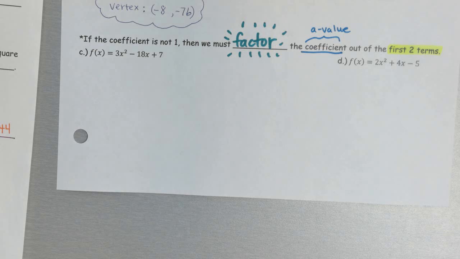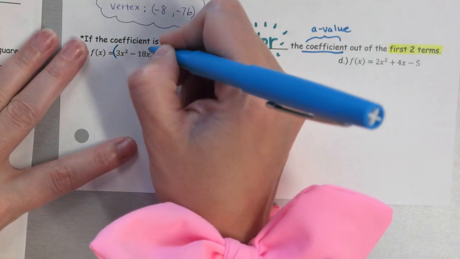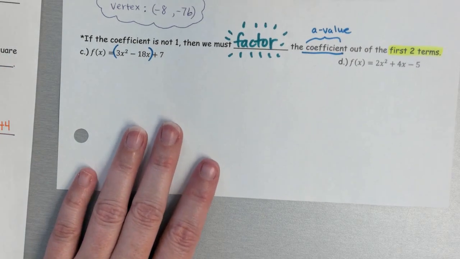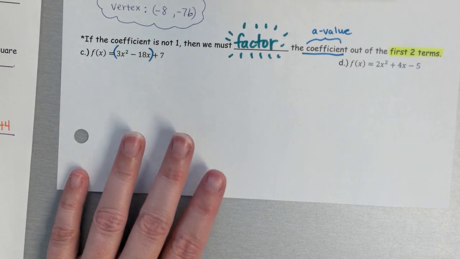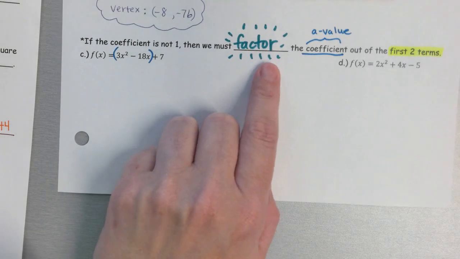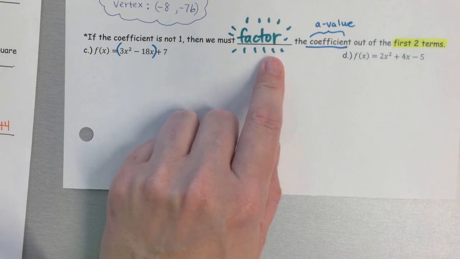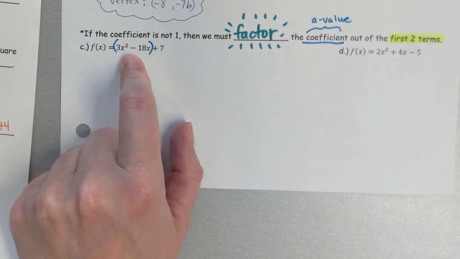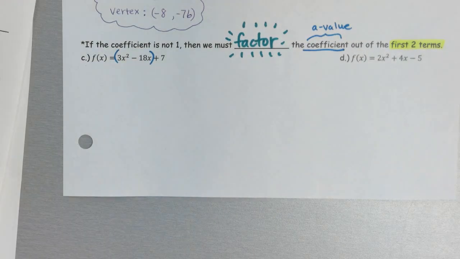The first thing we would do, just like we did last time, is group our variable terms together. Now, the reason why I said this is a little different than how we usually factor, we usually would factor out the GCF. We're not going to do that. We're only factoring out the A value.